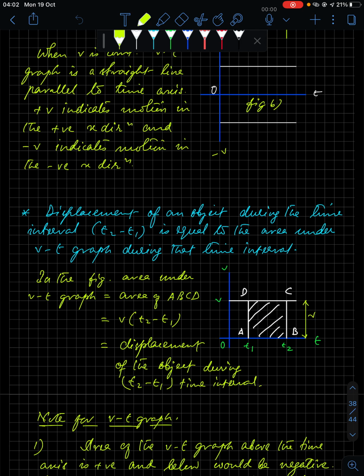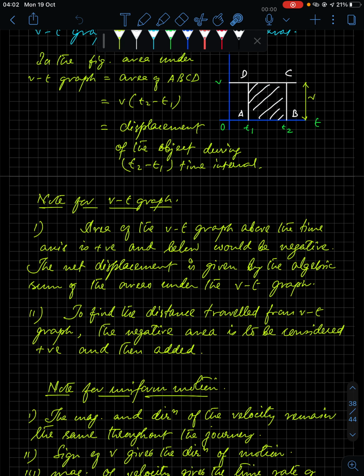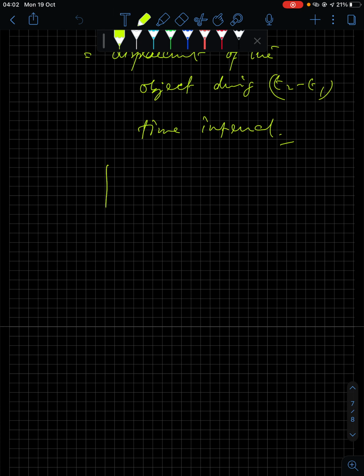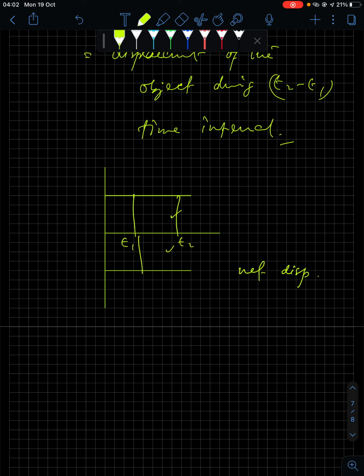Now we have two important points to be noted for the vt graph. The first point, I'll explain with the help of a graph. You have the first quadrant and fourth quadrant, say this is positive v and this is negative v. While calculating net displacement, you have to consider both of these areas between two time intervals t1 and t2.